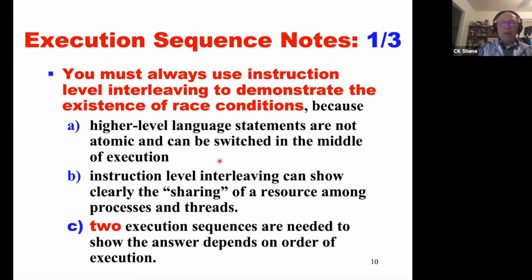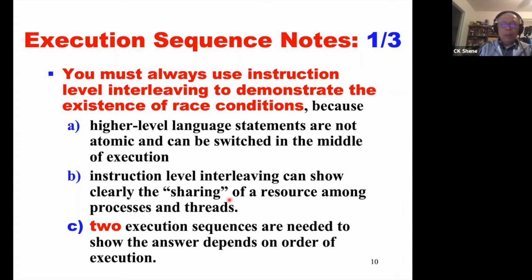Because higher level language statements are translated to machine instructions, and the context switch occurs between machine instructions rather than between higher level language statements. So instruction level interleaving can show clearly the sharing of a resource among processes and threads.